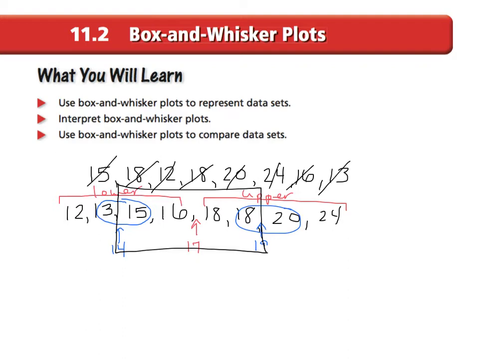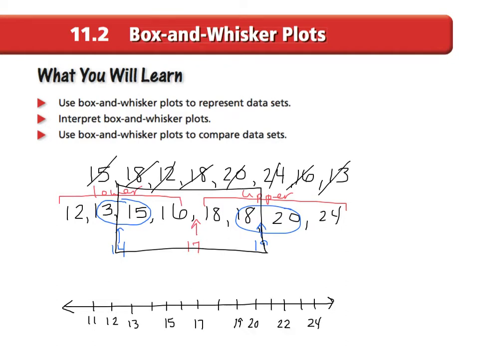So I'm going to show you what it kind of looks like on a number line. So on a number line, I'm just going to make some numbers here, 11, 12, and I'm going to continue on. So what's going to happen is this. Your box goes from the lower 14, the median from the lower part, which is 14, you put a dot there, and the upper part, which is 19.